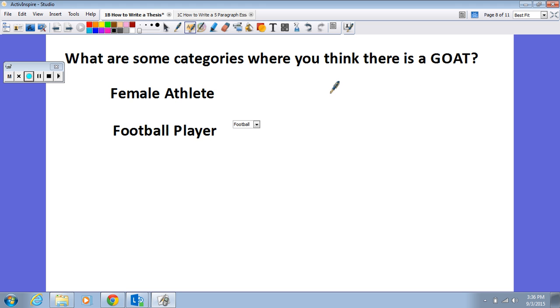Greatest actor. Rap artist. Straight Outta Compton came out recently. You could do rap artist. You could also go with actress, obviously. Let's not be sexist on that one. Greatest male athlete. Again, not being sexist.